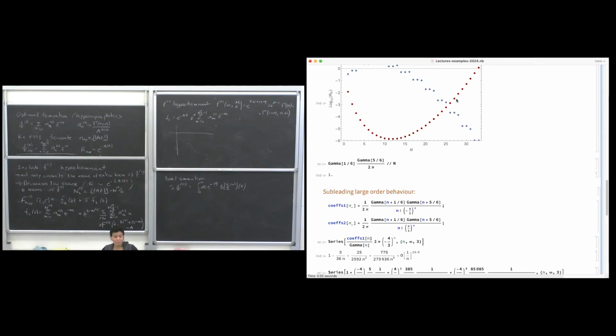We have finitely many terms. What do we do? We need to approximate this using, for example, what we wrote, Pade approximants.